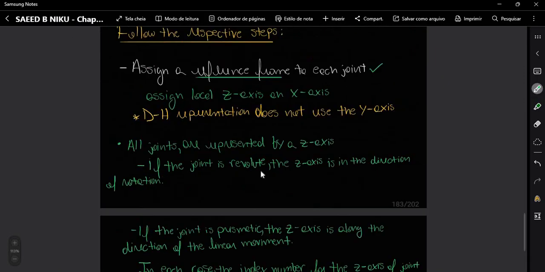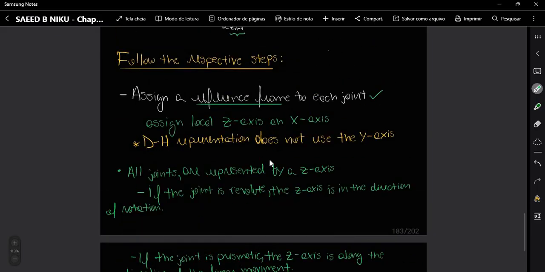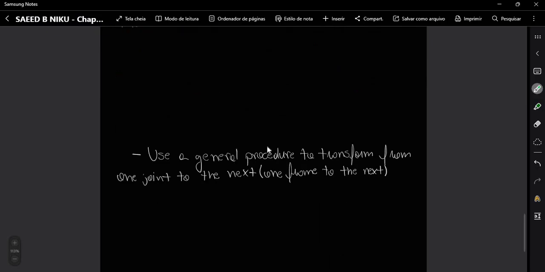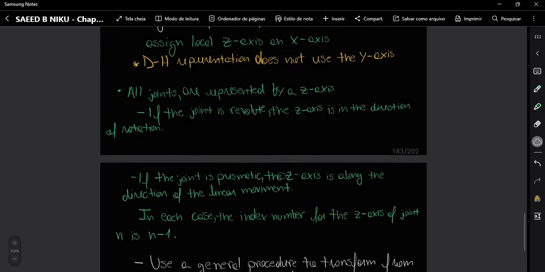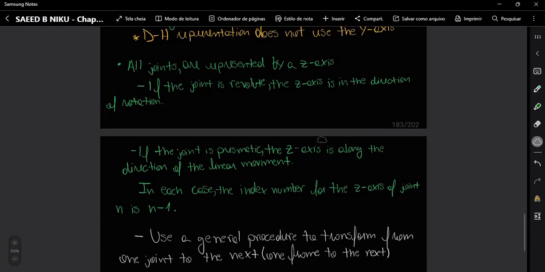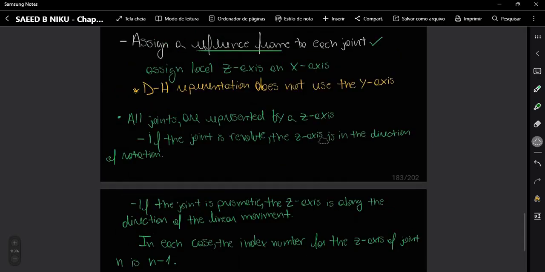Okay, that is the first step of the procedure that we need to follow to accomplish our representation with the DH: assign a referential frame to each joint. So we just covered the steps inside this first one.